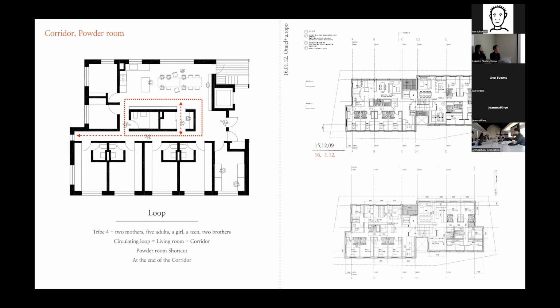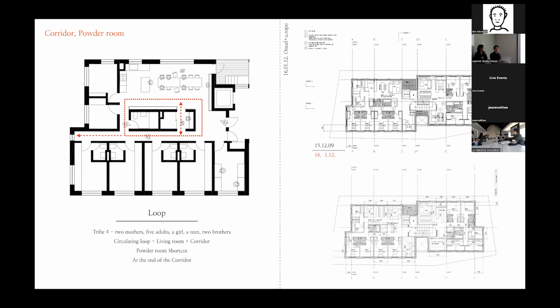And the same discussion was made for this powder room. This powder room was actually in the beginning like this very intimate corner because you don't really want to show while you are making up, for example, when you prepare your day. And after this discussion with the community, they decided to open it to give another choice to connect this corridor and the living room.